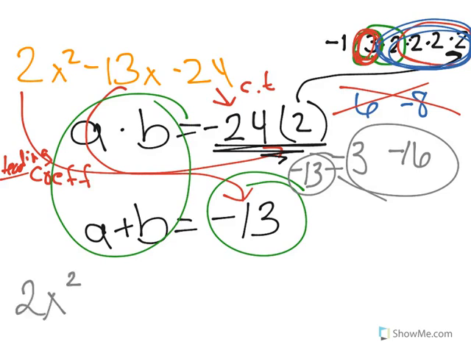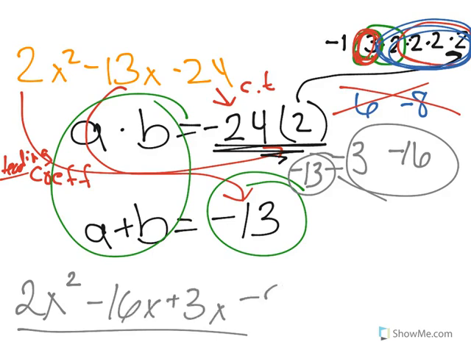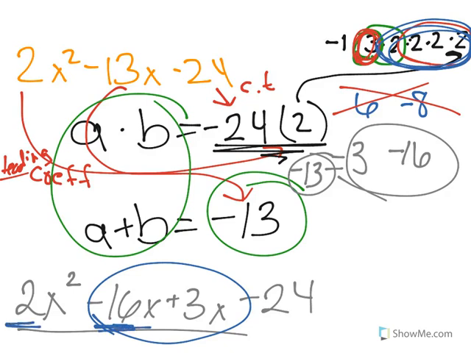We now write our expression as 2x squared minus 16x plus 3x minus 24. Some of you might wonder how to know which one to put first, negative 16x or positive 3x. The way you choose is whichever has a common factor with the leading coefficient.